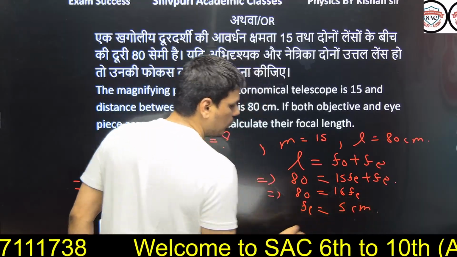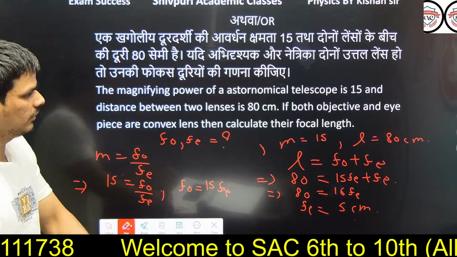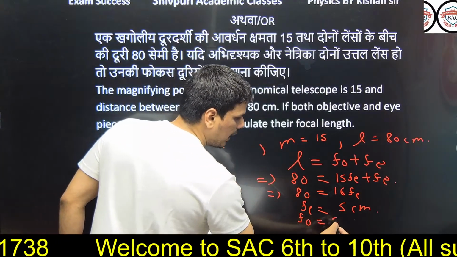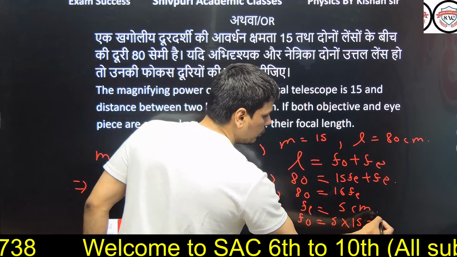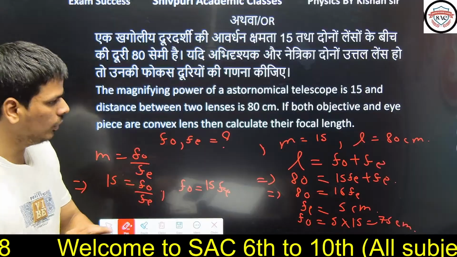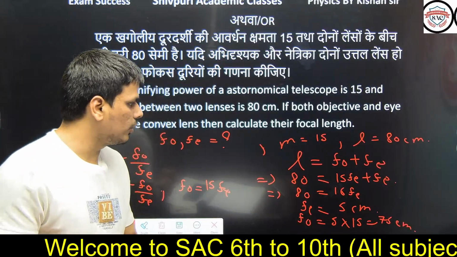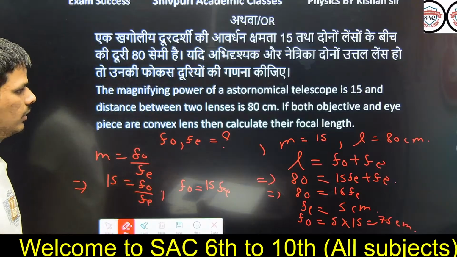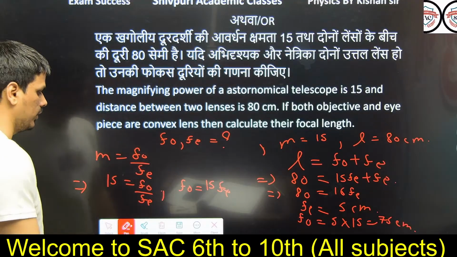So the focal length of the eyepiece is 5 centimeter and the focal length of the objective is 5 into 15 equals 75 centimeter. So we have got our values. I am sorry for that.